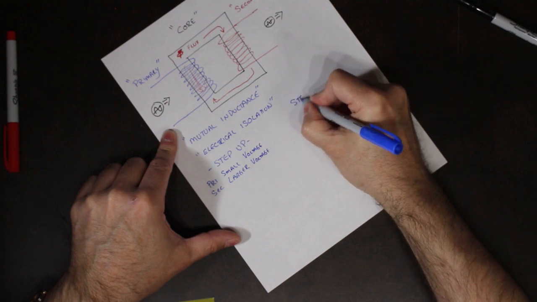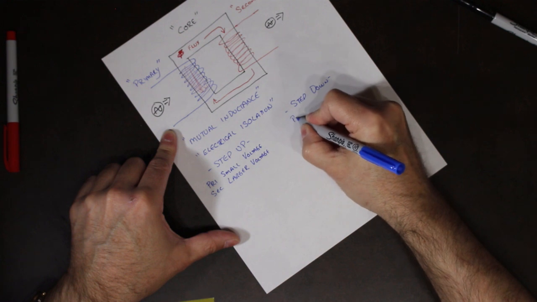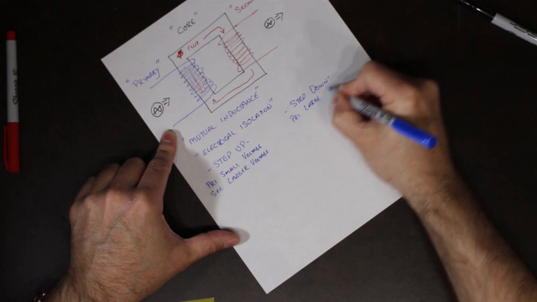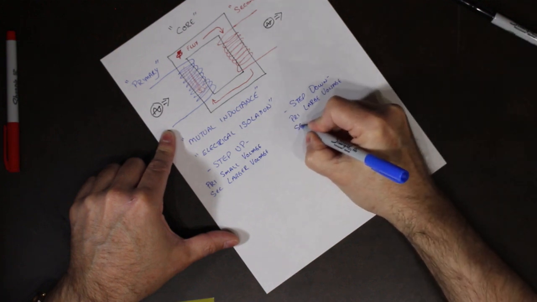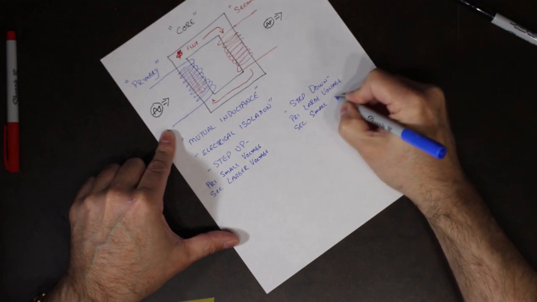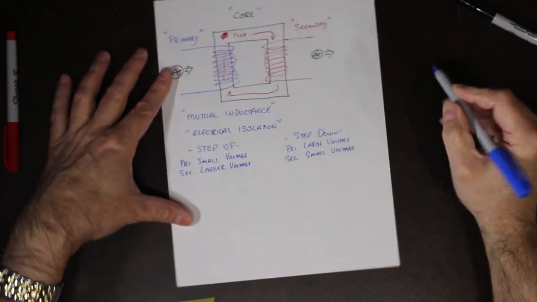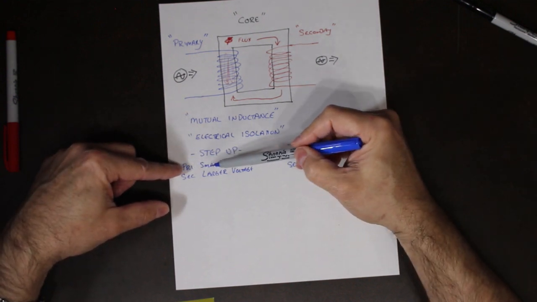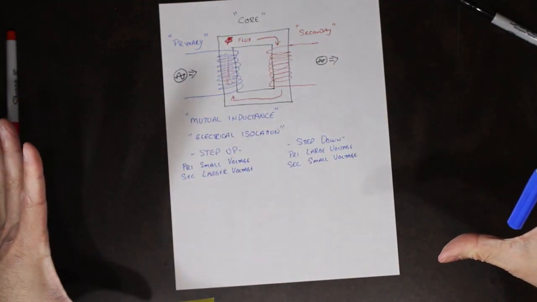On a step down transformer, on the primary side, we have a large voltage, and the value as it appears on the secondary is actually smaller. So step up, the primary is small, secondary is larger. So that means the value of voltage increases.